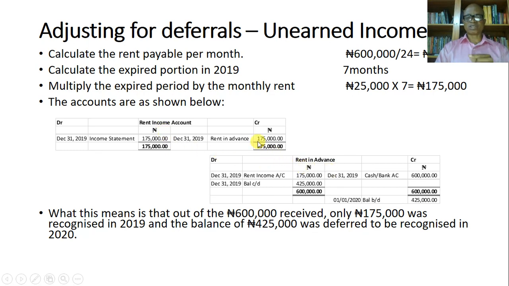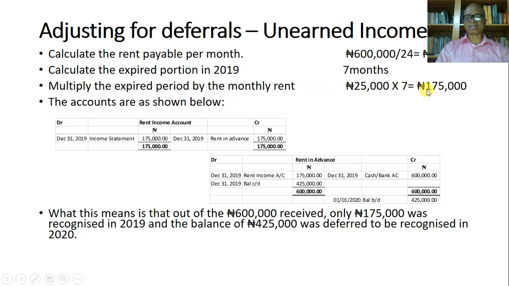Now, let's look at our rent account and our rent in advance. When this money was paid by Mr. Bodmas, 600,000 came in, so the debit must have gone into either cash or bank account. So we have the credit coming into rent in advance. Now, let's look at the amount that expired in 2019.